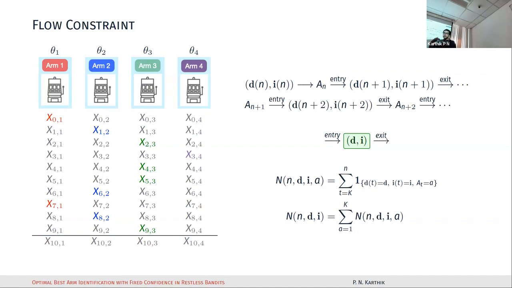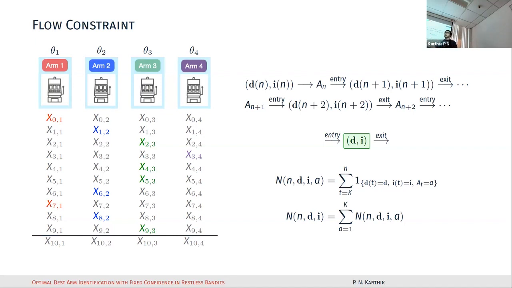Every time the system enters a certain state, it will leave that state and enter a new state. Then it will leave that state and enter a new state. For every d, i, the number of entries and the number of exits will match. It's not about cycles. It's just that this will happen every time except for the first state and the last state.